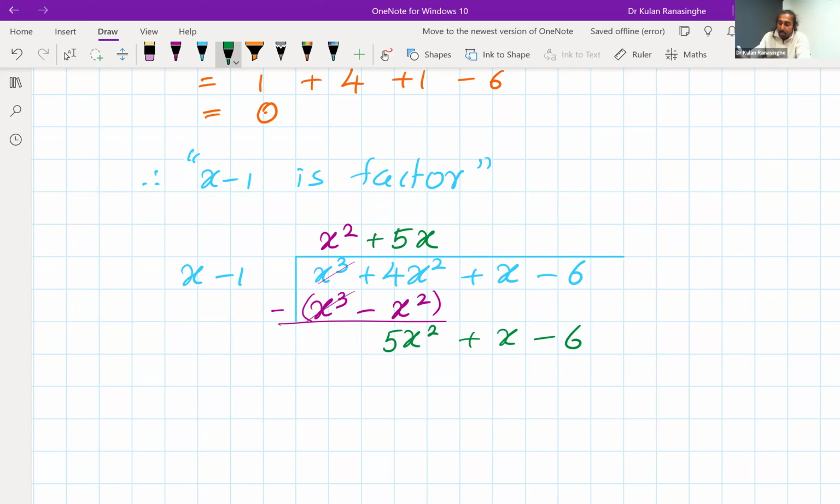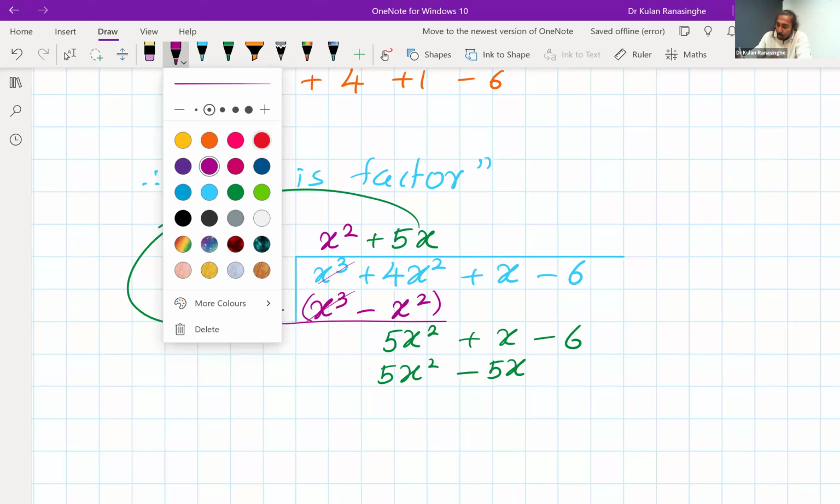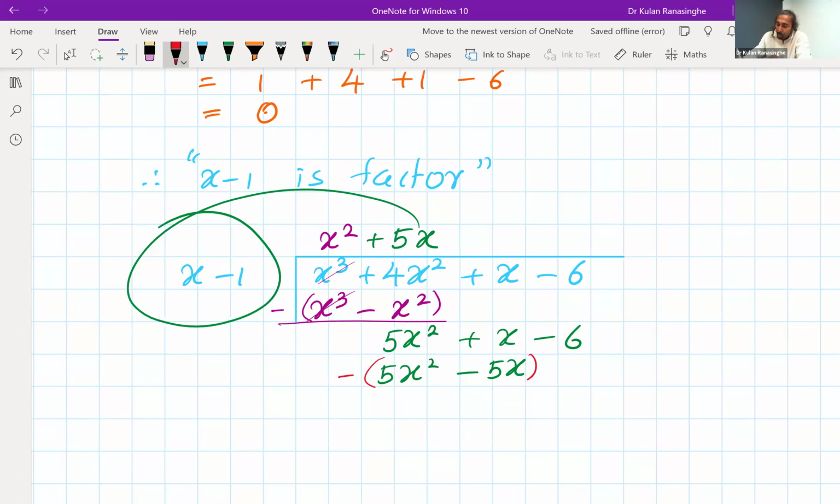Then you multiply that with x minus 1: 5x squared minus 5x. When you take away, these two get cancelled. That is the purpose. Negative, negative becomes positive. That gives me 6x as my answer. Then you pull down the negative 6, which we haven't used so far.